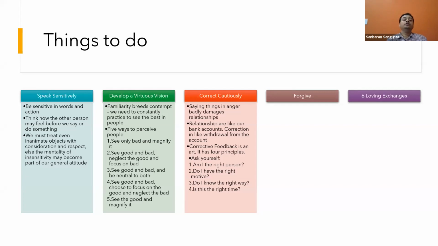Third thing, do I know the right way? So we might be the right person, the motive might be right, but what is the right way? Yes. Many times we don't know the right way, the way we communicate the correction. Sometimes we just vaguely tell that, oh, your deliverable is wrong. Oh, the dish that you've cooked is very bad.